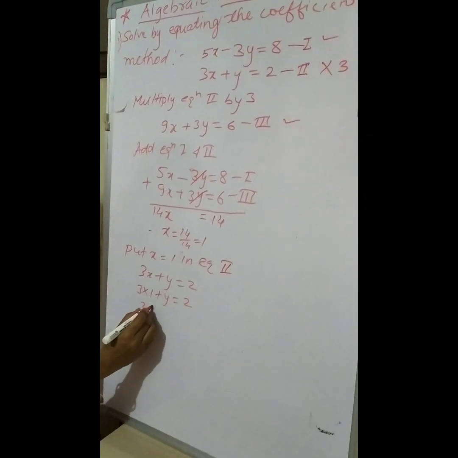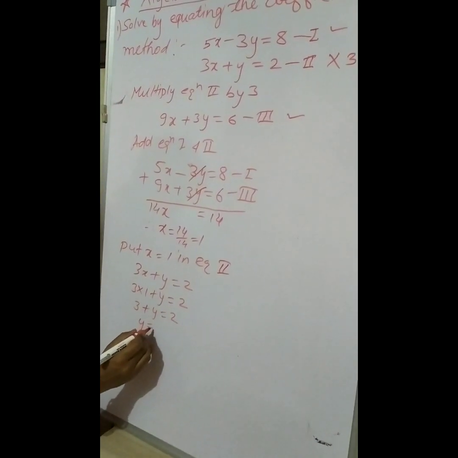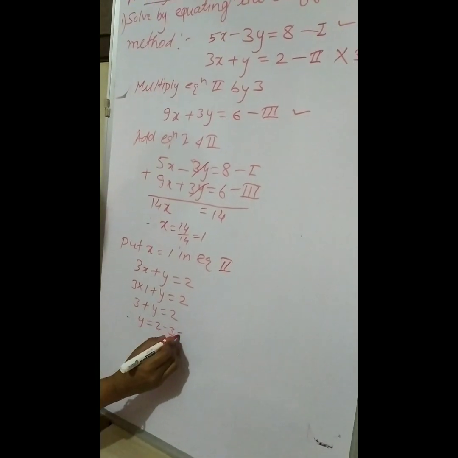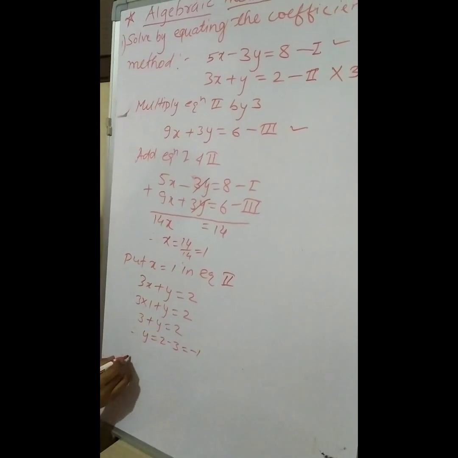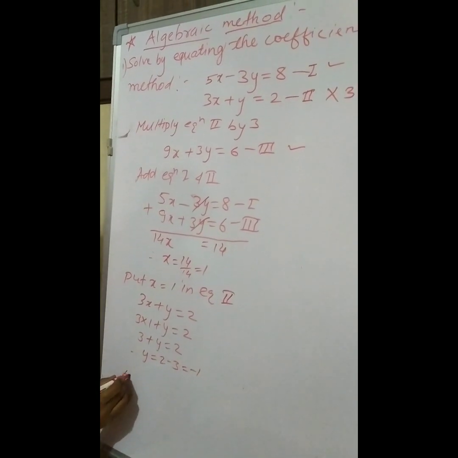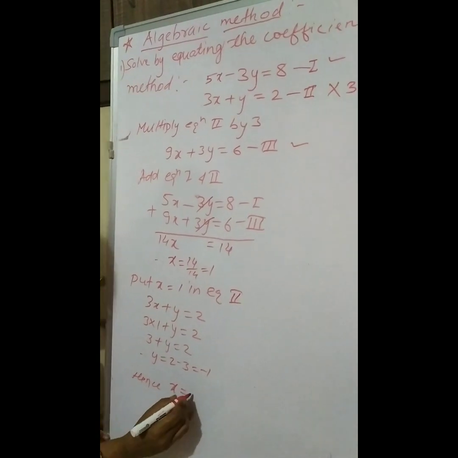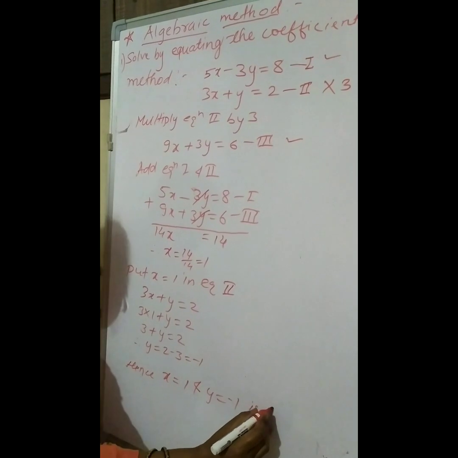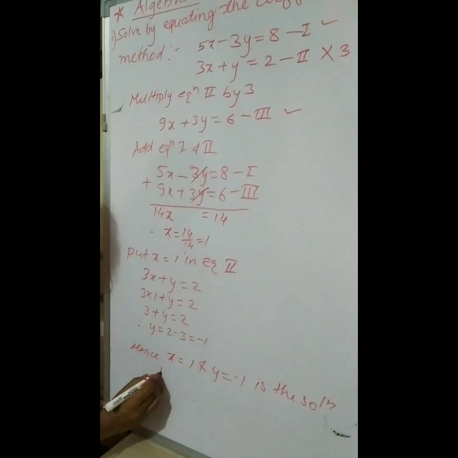So 3 into 1, 3 plus y is equal to 2. Therefore y is equal to 2 minus 3, that is minus 1. So hence x is equal to 1 and y is equal to minus 1 is the solution of the given equation.